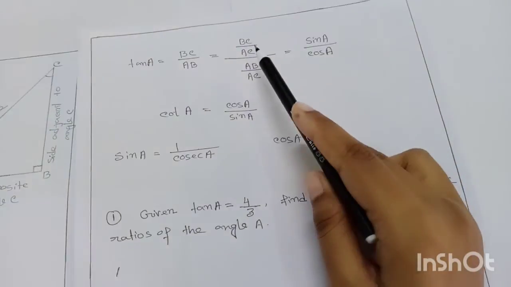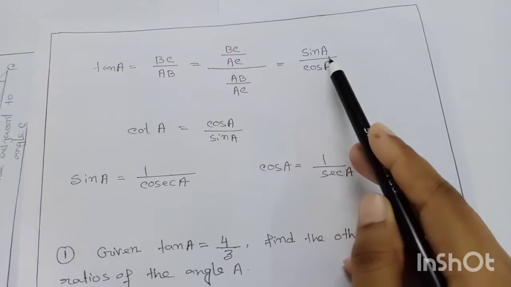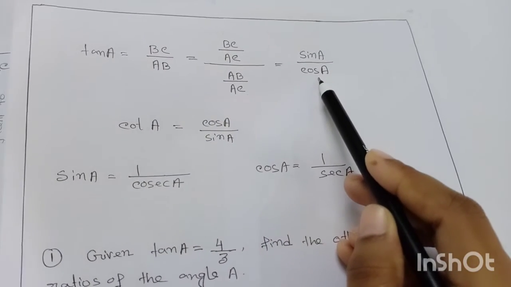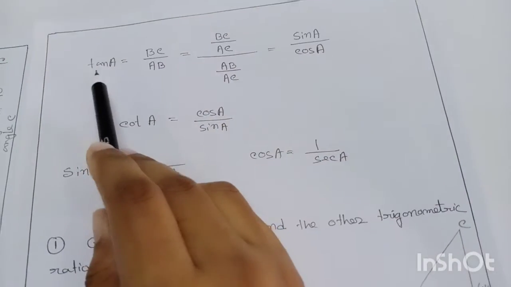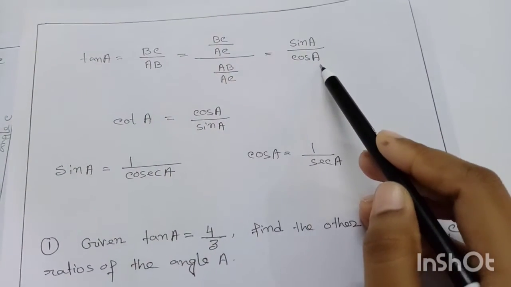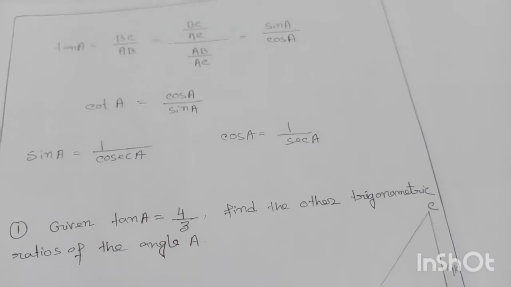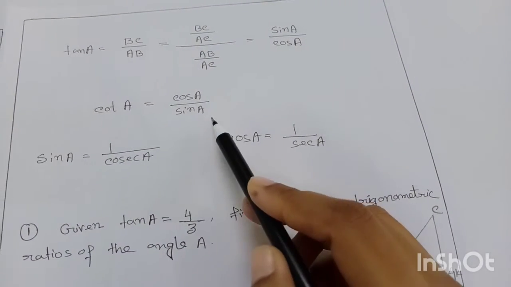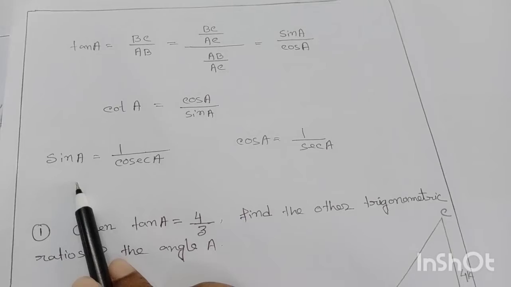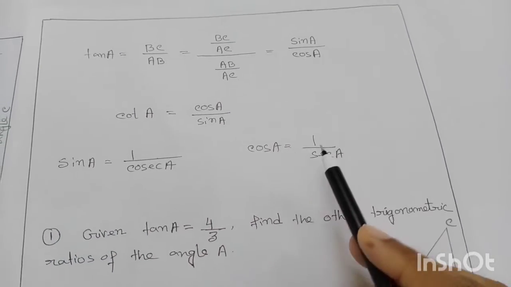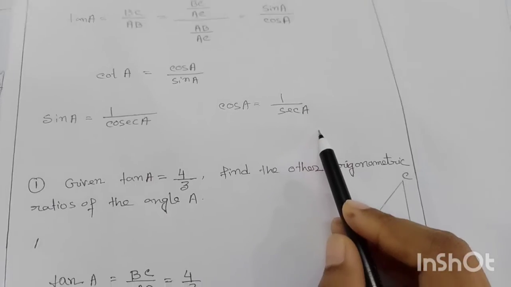So we can say that tan A equals sine A by cos A. And cot A is just the reciprocal of tan A. So cot A is cos A by sine A. And sine A, we already know, equals 1 by cosec A, and cos A equals 1 by sec A.